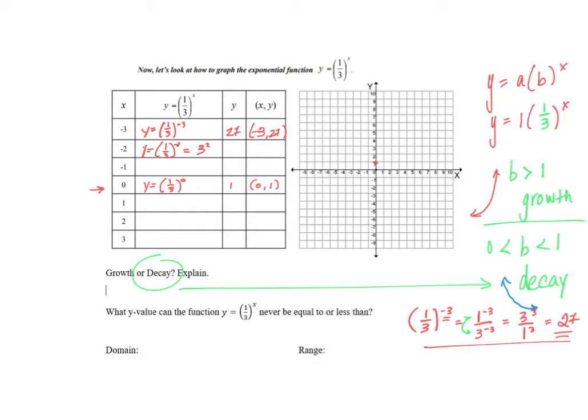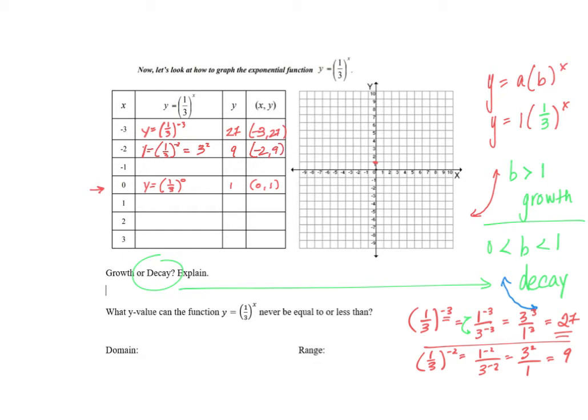Well, let's take a look at that real quick down here. If I have 1/3 and I'm raising it to the negative second, I'm really taking 1 to the negative second and 3 to the negative second, so that base 3 goes on the top, base 1 goes on the bottom, and 3 squared is 9. So 9 is my output, and I have (-2, 9) as my ordered pair.